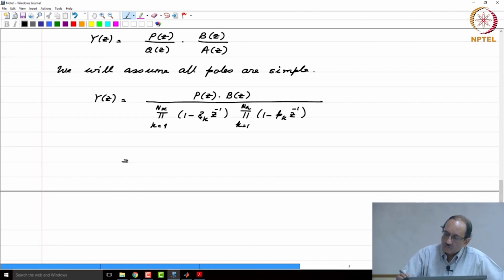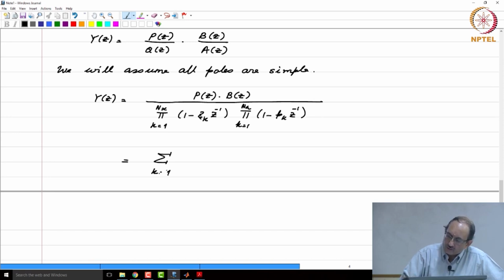And now, we will find the residues for each of these factors. So, now let me again write the partial fraction expansion in this form.